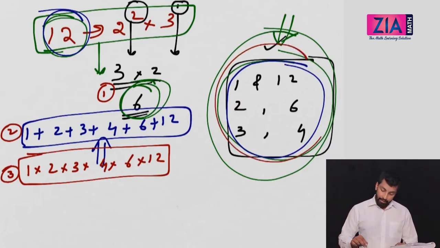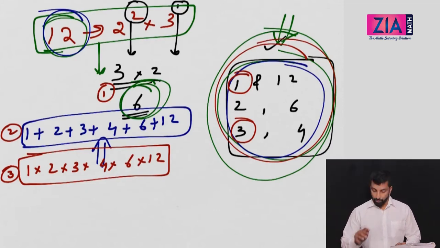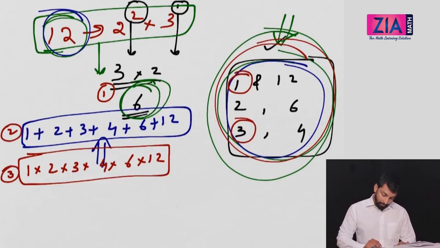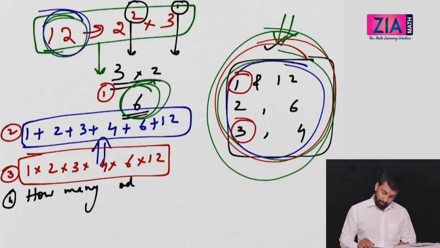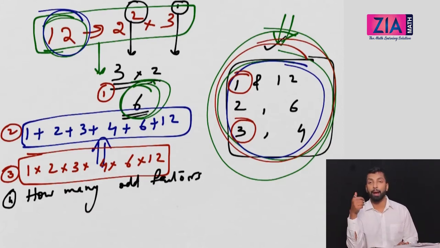Just by looking at these 6 factors, think of other possible questions. See, if you look here, 1 and 3 are odd numbers. So out of 6 factors, how many odd factors are there, right? So the fourth question which I can make is, how many odd factors are there? If I can ask you the number of factors, that is 6, I can ask you how many odd factors are there. We will give you a method for that also.